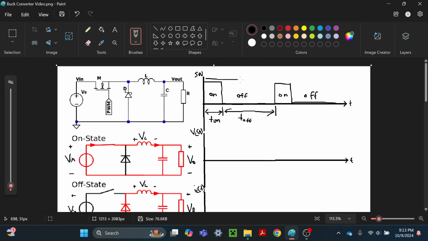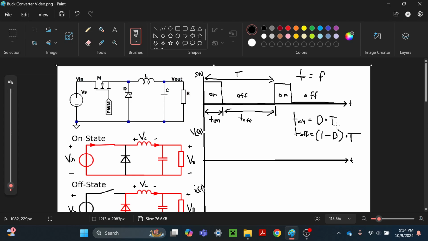And then the total time is going to be capital T, the period, where the period is the inverse of this frequency. And then we're also going to define that T on is equal to the duty times the total period. So then T off is equal to 1 minus the duty times the period.